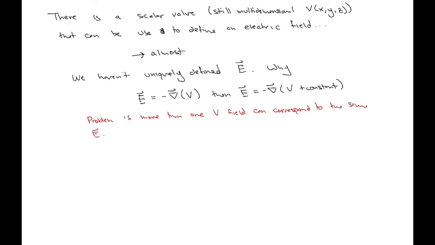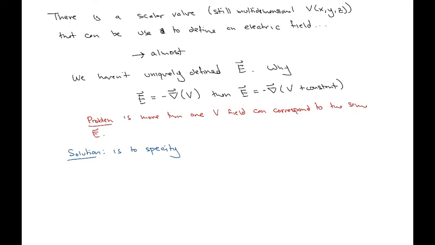Okay, that's not really a problem, but there's a way that we can solve it. And the way that we can solve it is by actually setting what the voltage should be at some particular boundary.